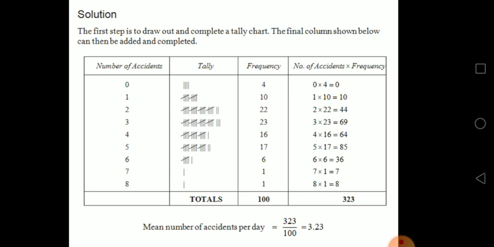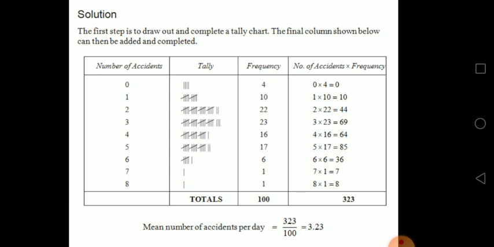Now the first step is to draw out and complete a tally chart. Of course, we know how to complete a tally chart. If you look at the data given, 0 occurs 4 times, and that is why we have the tally stroke: 1, 2, 3, 4. So the frequency there is 4. 1 has a frequency of 10.